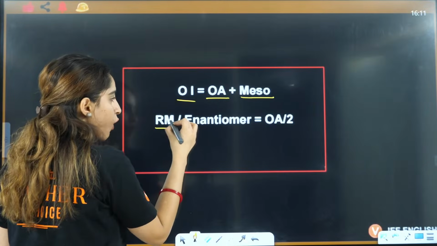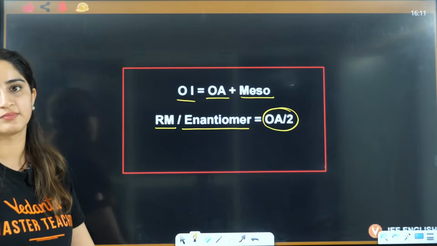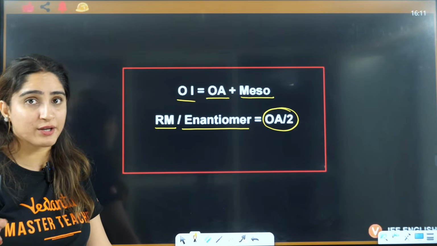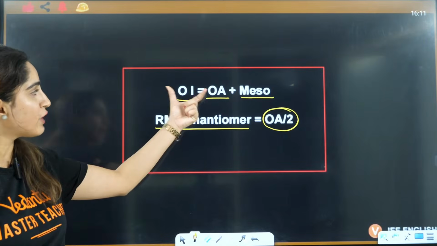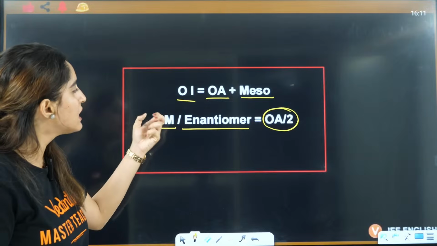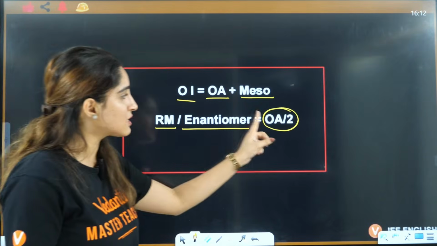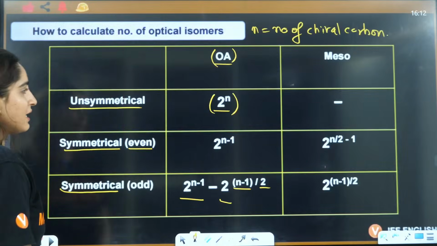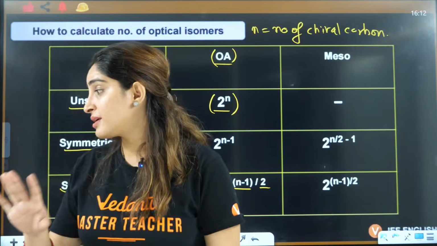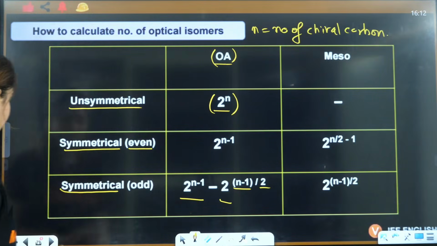Racemic mixture or enantiomer are optically active divided by 2. These are the formulas, and that is the tough part here. You have to remember that.